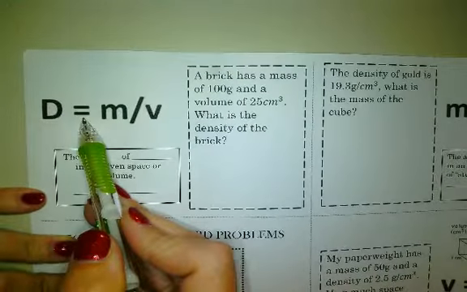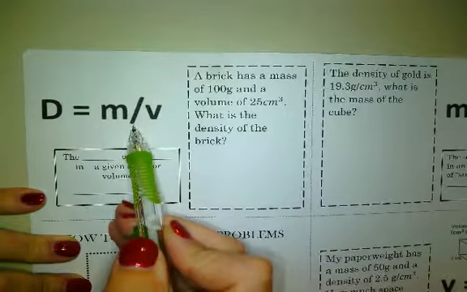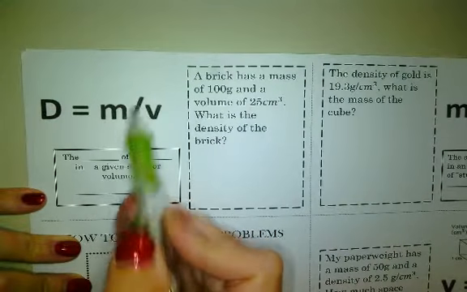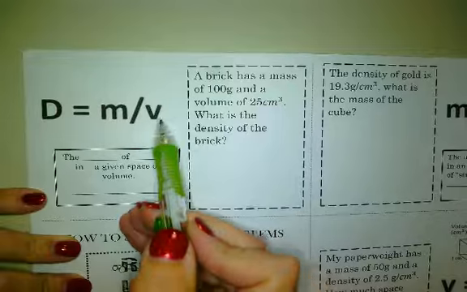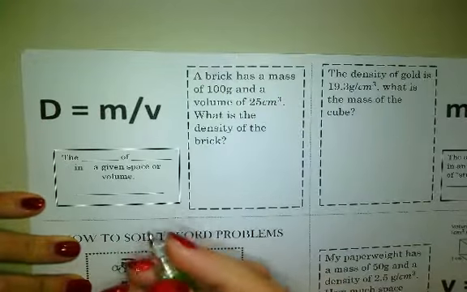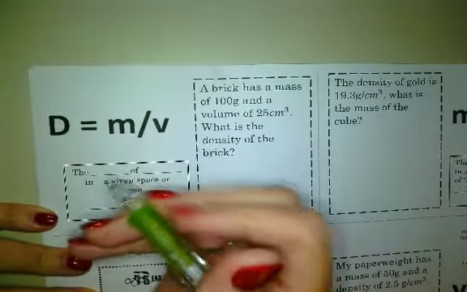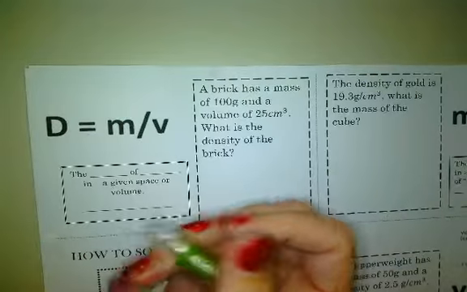Okay. Now, let's begin. So we're going to first start with, of course, density. And density's formula is D equals mass divided by, guys, remember this is a division sign, fraction sign, volume. Okay, well, let's talk about what density is.